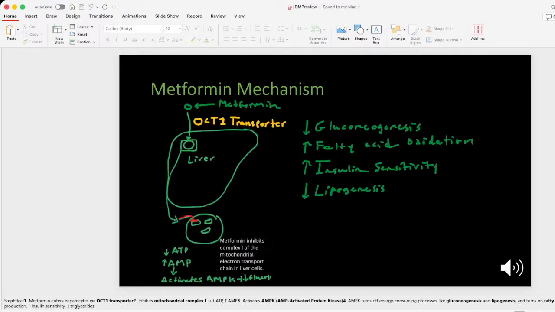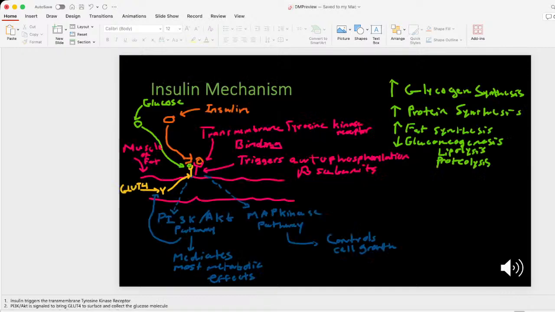Just like the metformin, understanding where it works, like in the liver. You don't have to know specifically that it activates AMPK and all of that, but at least having some general idea is going to give you a picture as to how it works. And then the insulin mechanism as well.